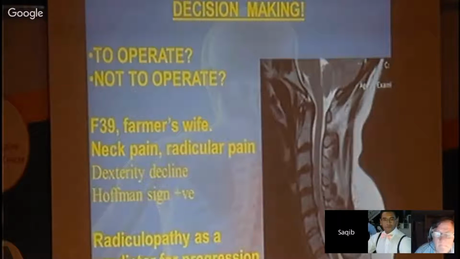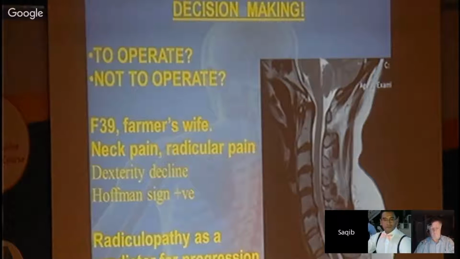Then, next case: a 39-year-old farmer's wife with neck pain, radicular pain, dexterity decline, and positive Hoffman signs. Who would operate that? Okay, right. This is the data suggesting that if you have myelopathy and radicular symptoms, then your problems are likely to progress.